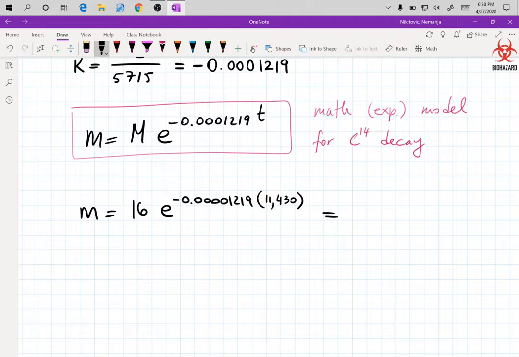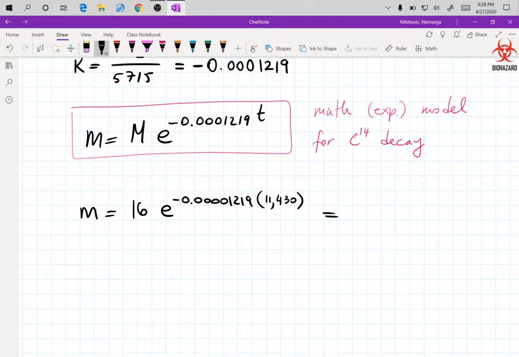Oh, I see that you guys are not reading the calculator. Uh-oh. Okay, let me just finish this. 16 times e raised to the... oops, forgot the negative.